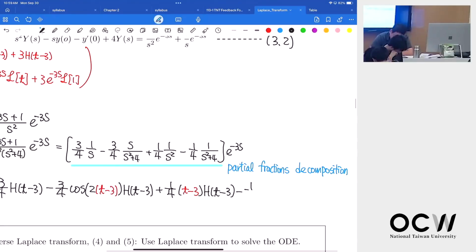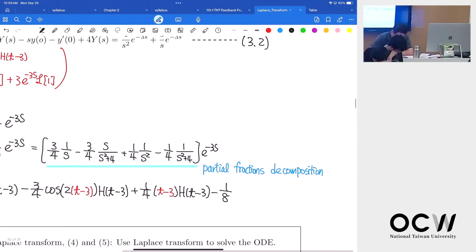And the last term, t becomes t minus 3 as well.